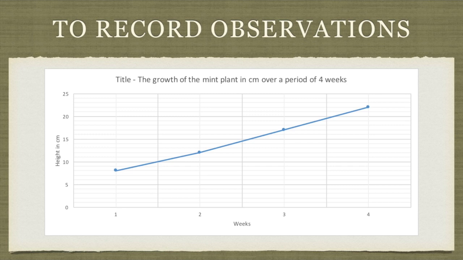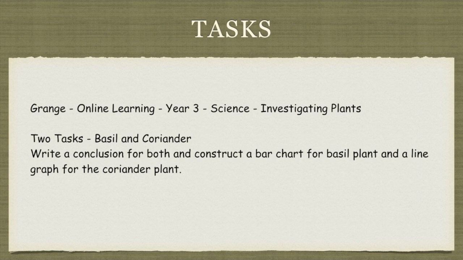So we can record our observations after we have written them all down over a period of time. Now that means that we can draw conclusions about our observations as well, which brings us to the tasks.